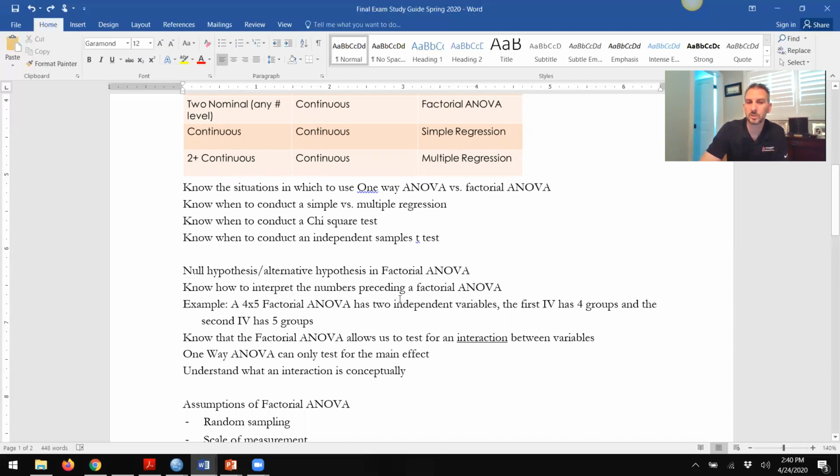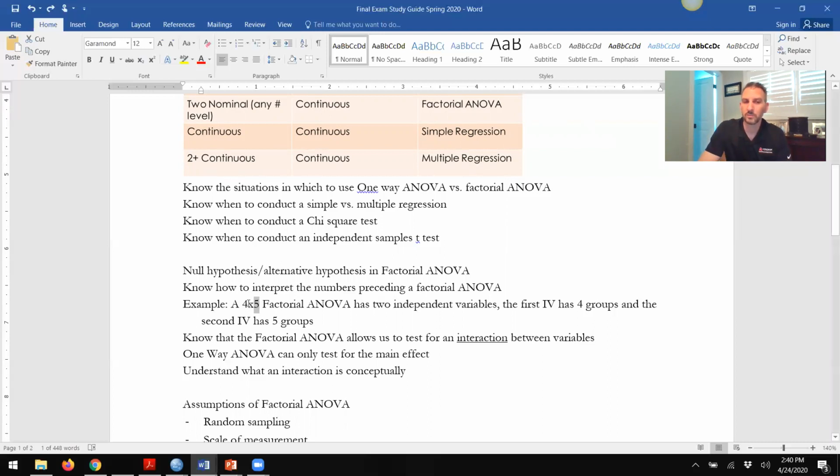So you've heard this, it's a 2 by 2 or a 3 by 3 or 4 by 5. Okay, what does that mean? So let's say it's a 4 by 5. Let's ignore the numbers themselves and just say, okay, there's one number, two numbers. What that means is that there's two independent variables.